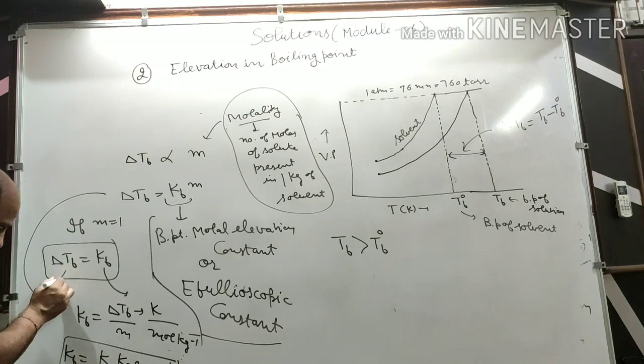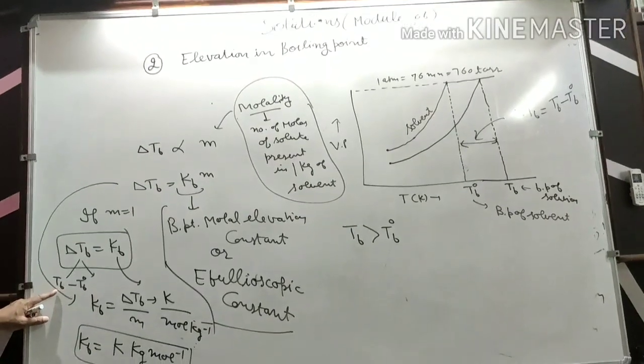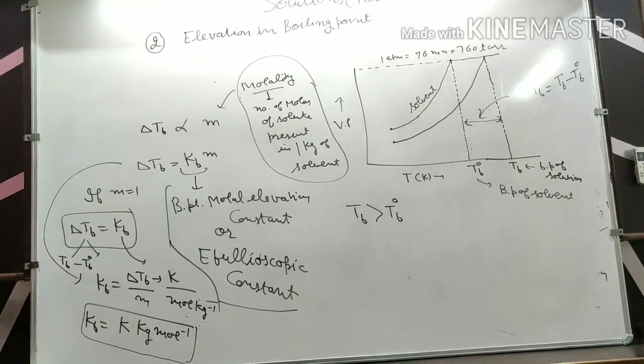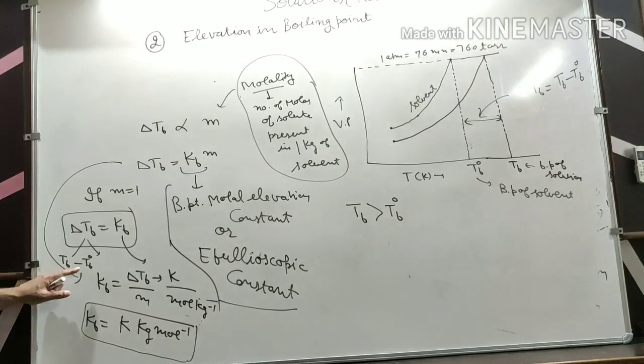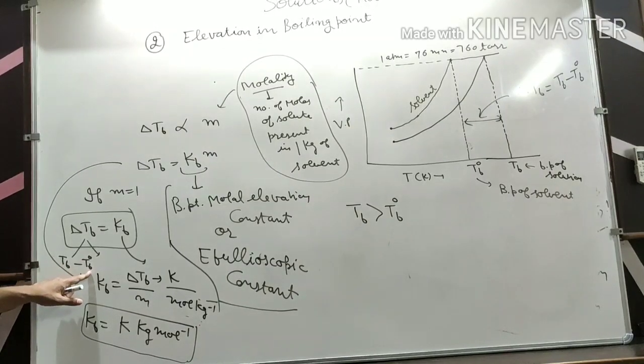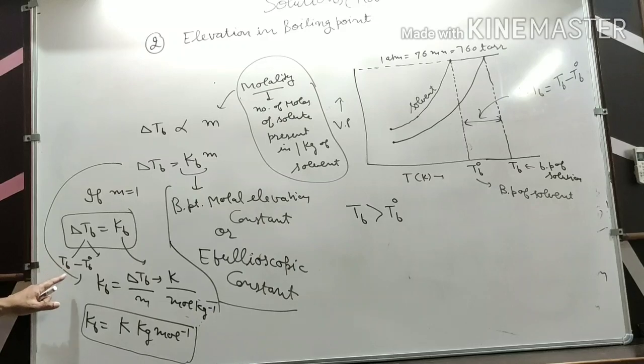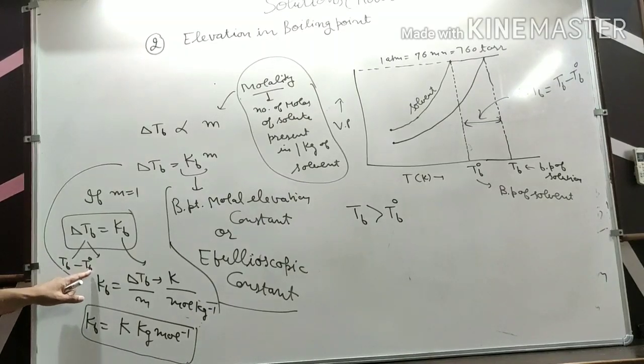Students, you understand like this. Delta TB, what is this? This is TB minus T naught B. If here these units are given in centigrade, if suppose here 5, here 2, then we have to add 273 here to form Kelvin, also here 273.